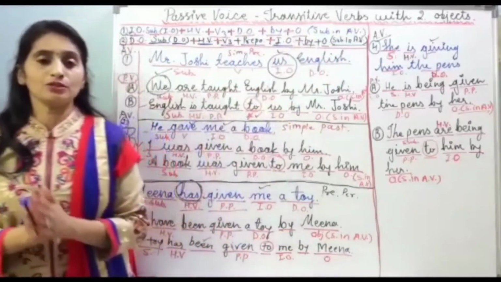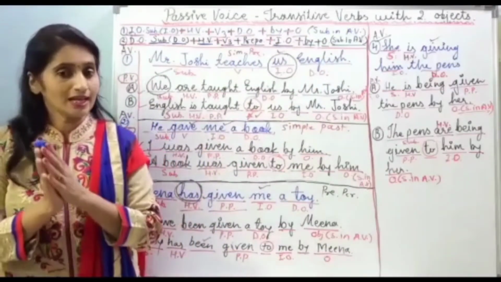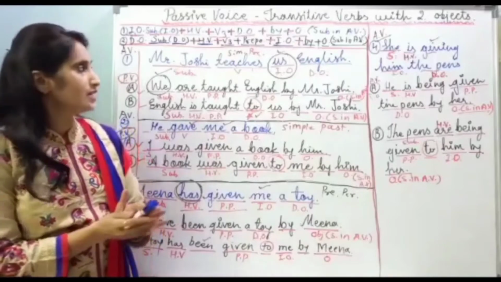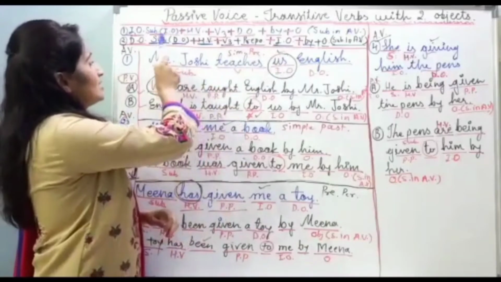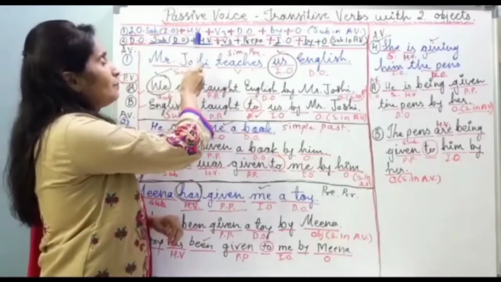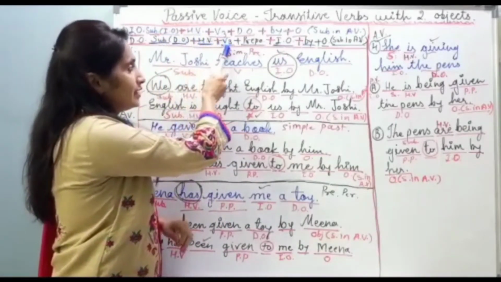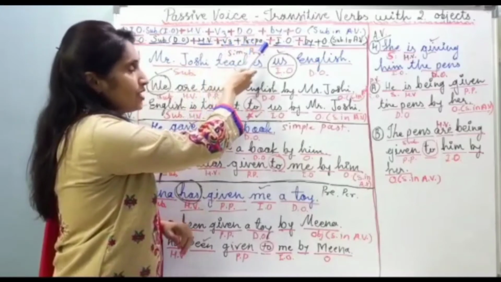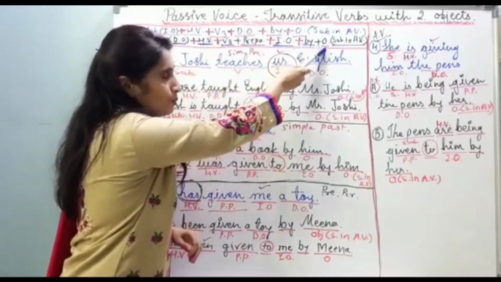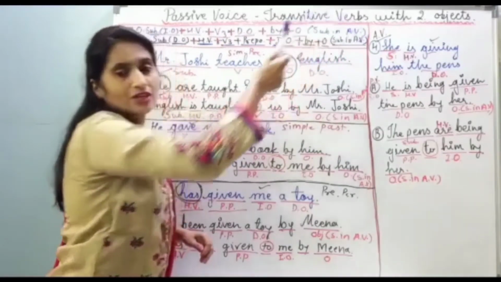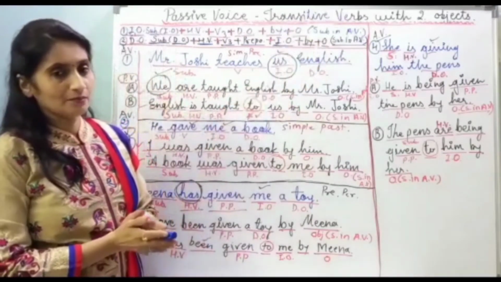If you make use of the direct object first as the subject in passive voice, follow this structure: subject, that is the direct object, plus helping verb, plus V3, plus preposition, plus indirect object, plus by, plus object, meaning the subject in active voice.